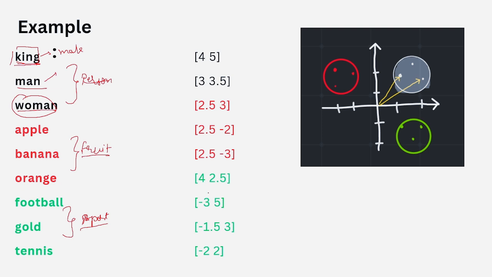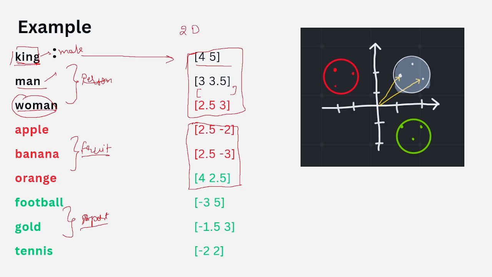So let's suppose here is one vector. I made a silly mistake, so these are the vectors. King is represented by the vector 4, 5, and these vectors are in two-dimensional space.